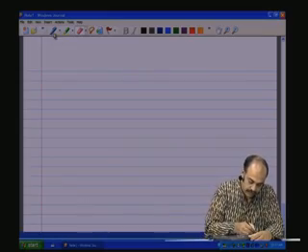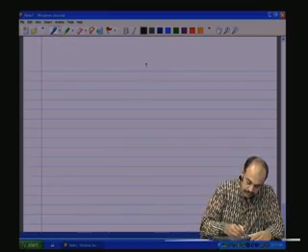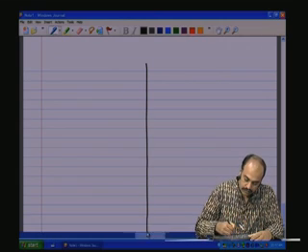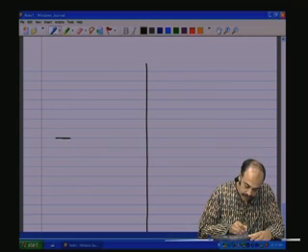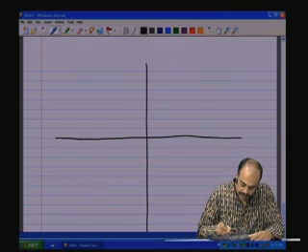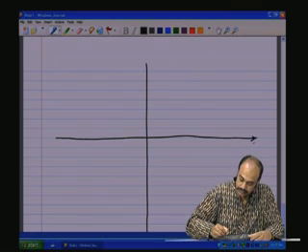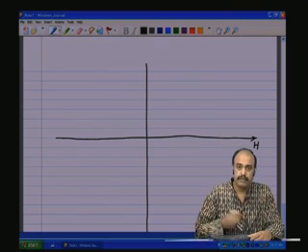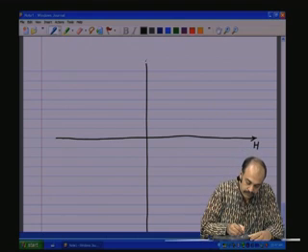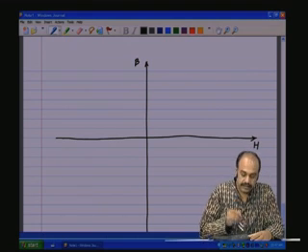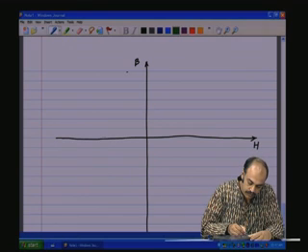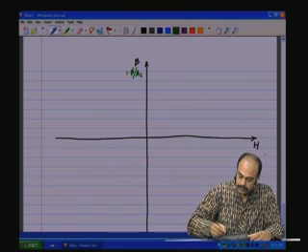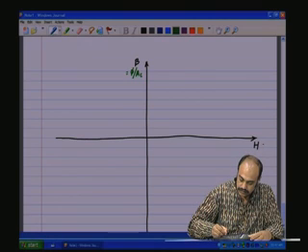Let us say we have a 4-quadrant graph, x and y axis, and let us say the x axis is H, the magnetic field intensity, and the y axis is B, which is the flux density, which is equal to phi by AC, and this is equal to Ni by Lm.